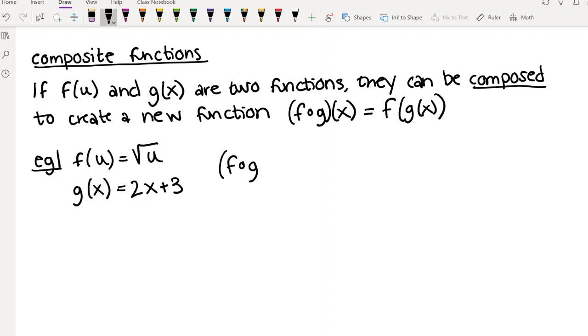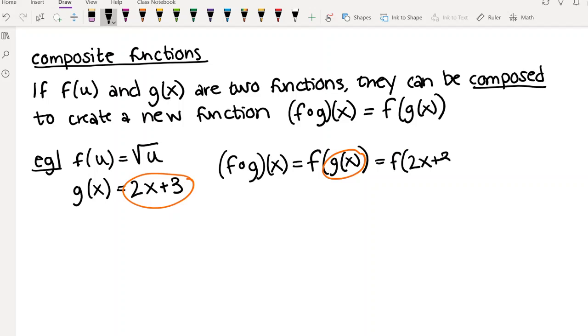Well, f composed with g of x, which is the same thing as f of g of x, is the function you get by taking the function g of x and plugging it into the function f of u. So instead of writing g of x right here, I'm going to write 2x plus 3, right? Because that's what g of x is. And so we have f of 2x plus 3.